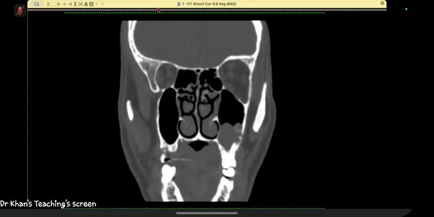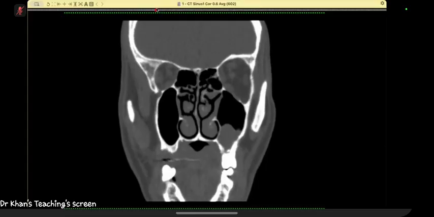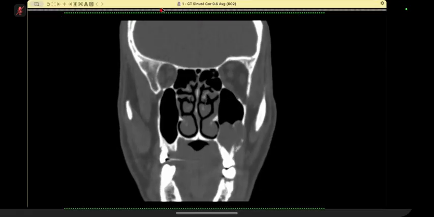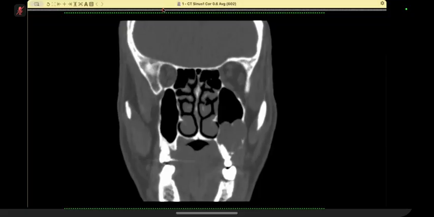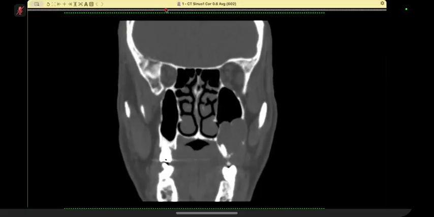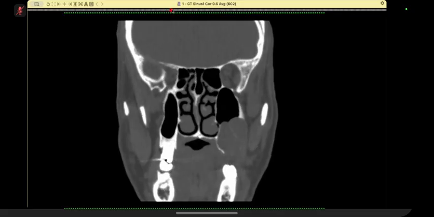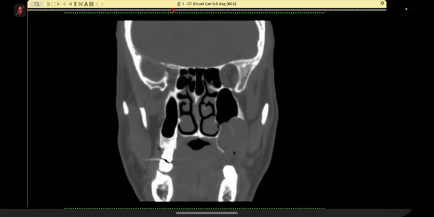Give me your diagnosis or differential. So it could be a neoplastic etiology involving the maxilla, or an odontogenic cyst, because the apex of it could be arising from the root of the teeth.